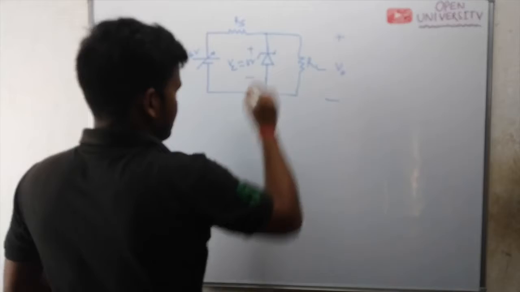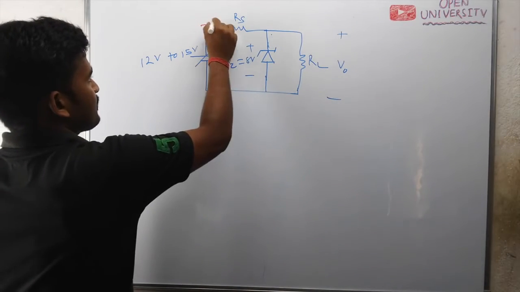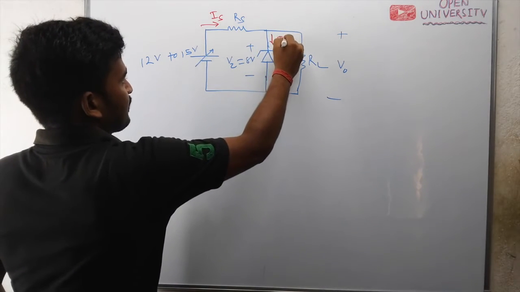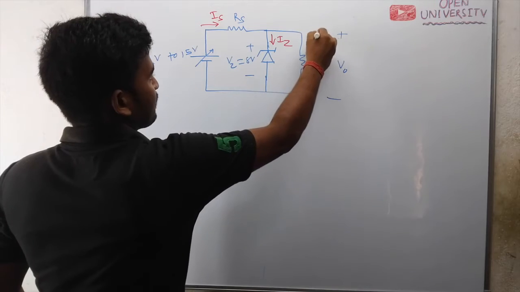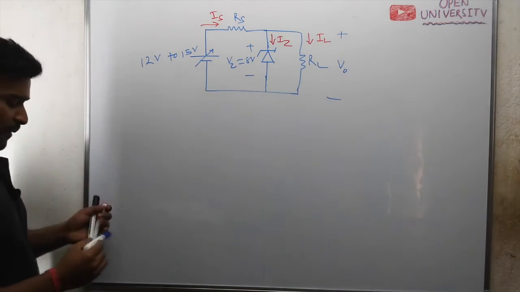This is your Zener current IZ. This is your IS. This is your IZ, and this is your load current. What are the data given?